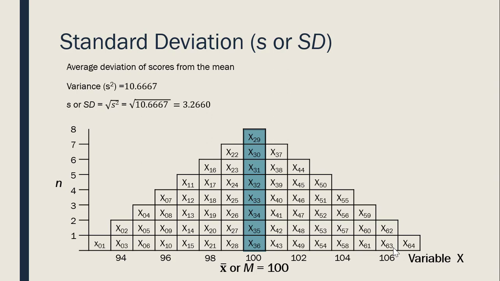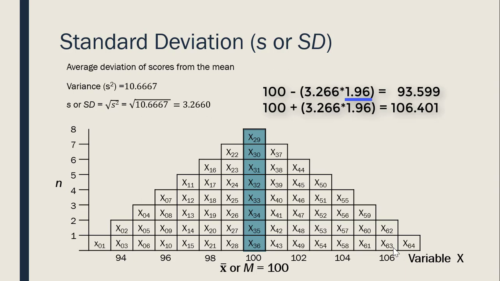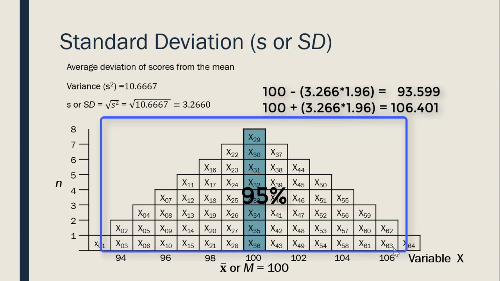I will not follow that tangent too far, but as an example, in a normal distribution, 95% of scores occur within 1.96 standard deviations above or below the mean. We can use this information to calculate that 95% of the scores in this sample occur between 93.599 and 106.401.